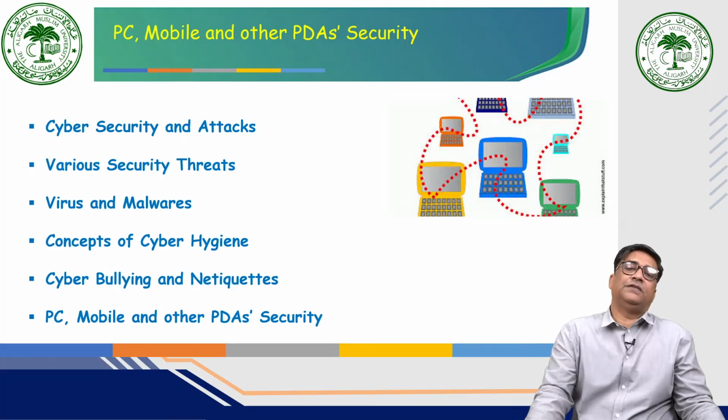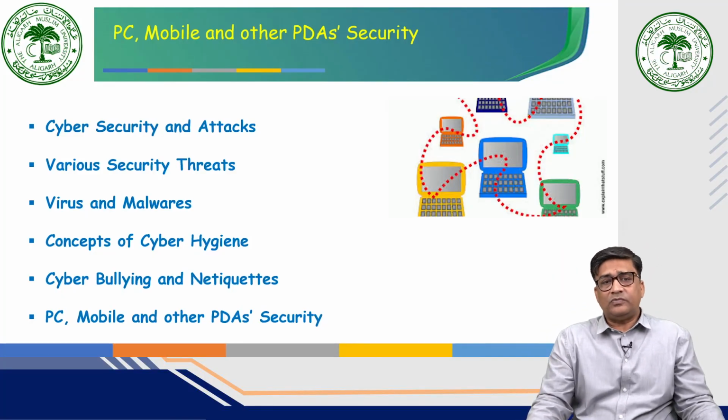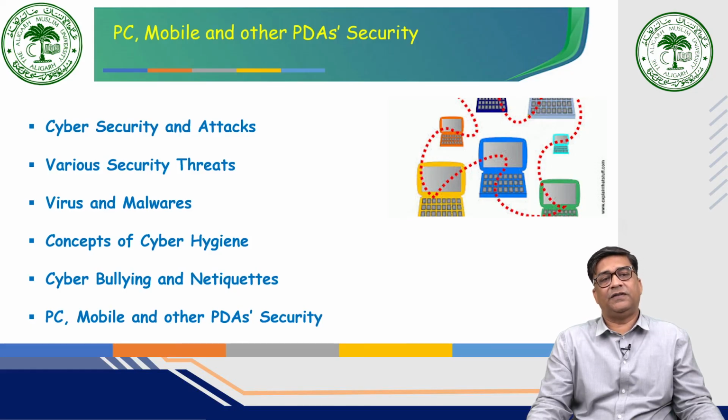So this brings us to the end of this session, and if we recall, this week we have discussed many concepts that are really important for us to know and apply in our real life. We started with concepts related to cybersecurity and attacks. We learned about cybersecurity principles and different types of attack. We also discussed various security threats.